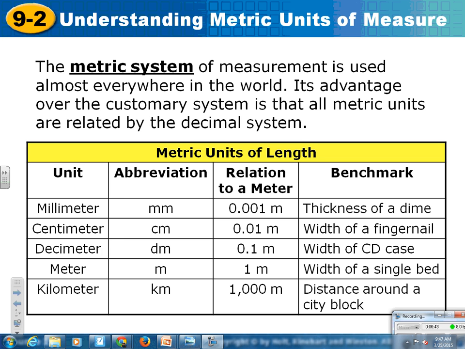But how many of these would I have to put end to end to make a kilometer? I have to put 1,000 of them. This is 1/1,000th of a kilometer. And when we get there, notice how the decimals are just bouncing one spot. 1, 2, 1, 2, 3, 1. You'll see. It'll be cool.